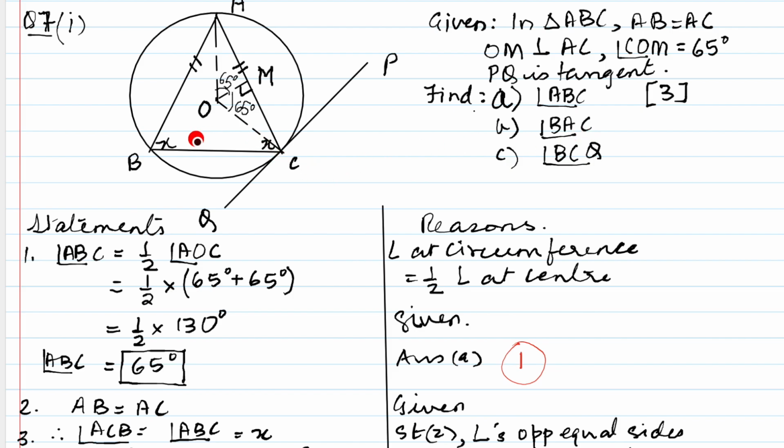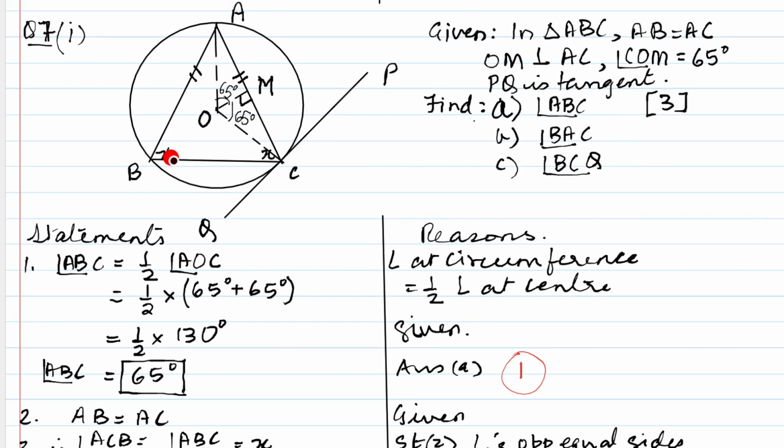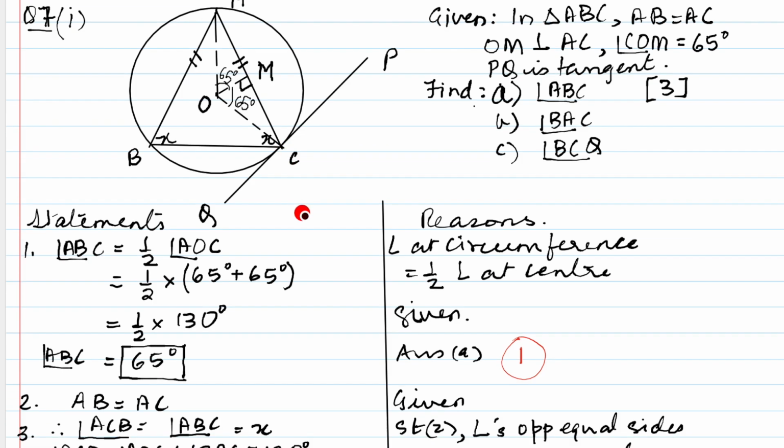Now we come to BAC. For BAC, we will use AB equal to AC, which is given, and so angles opposite equal sides. Opposite AB will be this angle, opposite AC will be this angle. They will be equal. I'm going to call them x each. That is because angles opposite equal sides are equal. Now in this triangle, angle BAC plus x and x will be 180 degrees.